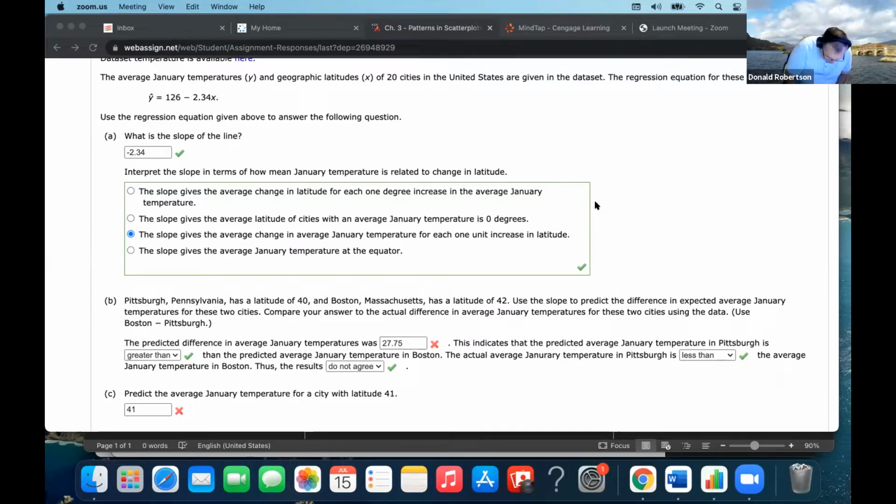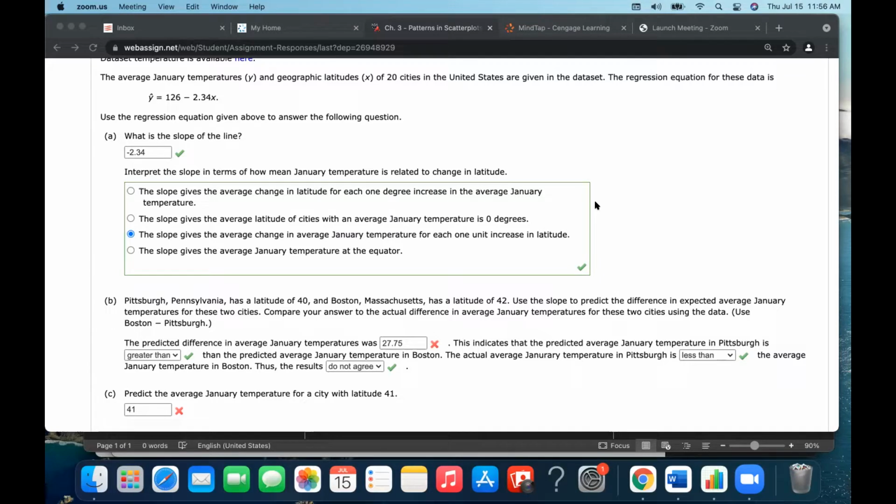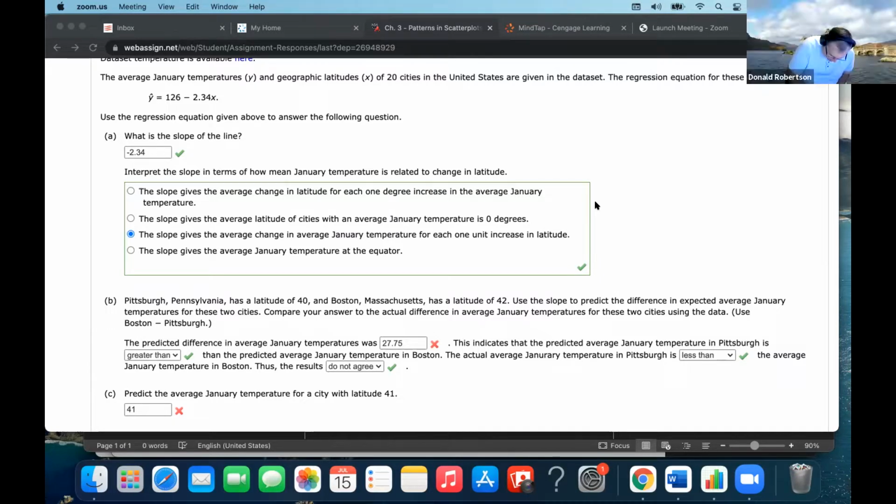Okay, so what we're going to do is use that formula, the y hat, 126.234x1. And we're going to use it for Pittsburgh with 40 and Boston with 42. So I'm going to show you me writing this down now.